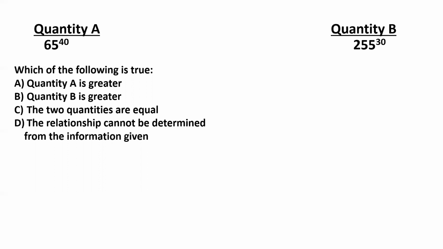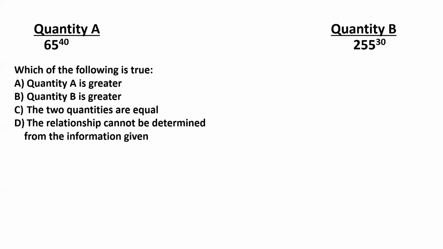And in this particular problem, we are dealing with exponents. So we have 65 to the power 40 on one side and 255 to the power 30 on the other. The difficulty here is, just by looking at these two quantities, it's not possible to immediately infer which of the quantities may be greater.